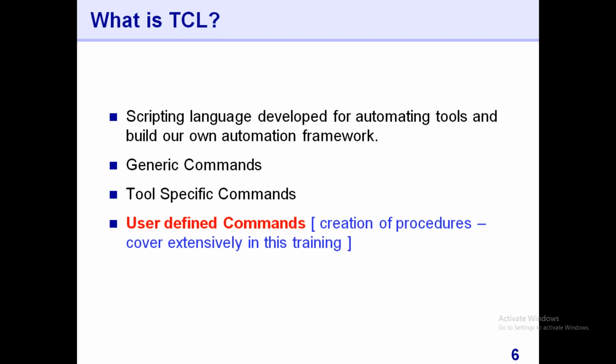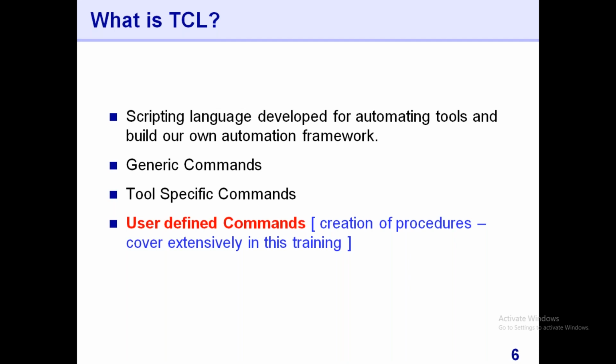If you take any Tcl script, it mainly consists of three kinds of commands. One is the generic Tcl commands, another is the tool specific Tcl commands, and another is the user defined commands. Here I have made this red because this is our primary focus.